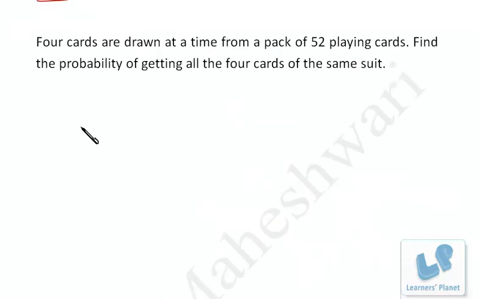Now, 4 cards are drawn at a time from a pack of 52 playing cards. Find the probability of getting all the 4 cards of the same suit. Now total number of cases will be 52C4 because we have to draw 4 cards out of 52. So we'll be getting these many combinations. Now what we want, all the 4 cards should be of the same suit.